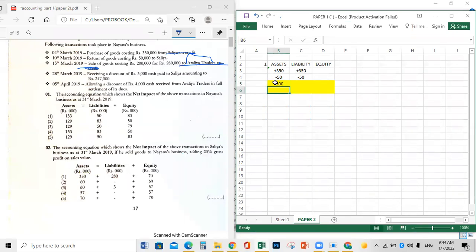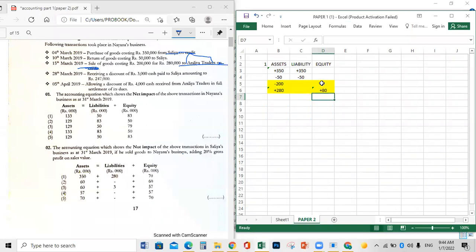But you're selling for 280,000, so your trade receivable increases by 280,000. Now, you're going to earn a profit. So your profit will increase equity. Your cost is 200, you're selling for 280, there is a profit of 80,000. Profit increases equity by 80,000.